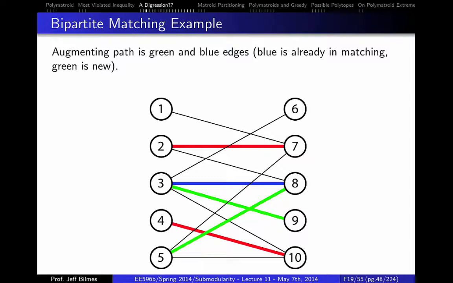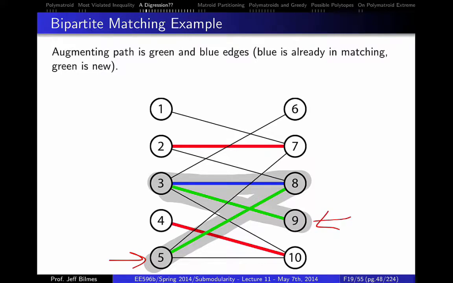In this particular case, we've got an augmenting path. It starts at 5, because 5 is unmatched, it goes to 8. 8 to 3 is matched, but then it ends in 9. And that's an augmenting path because the two end vertices, namely 5 and 9, are unmatched.